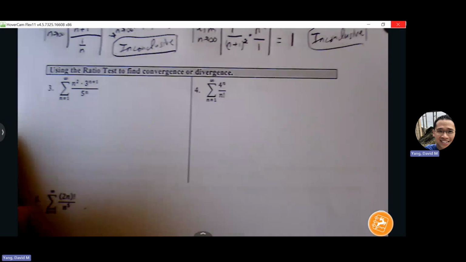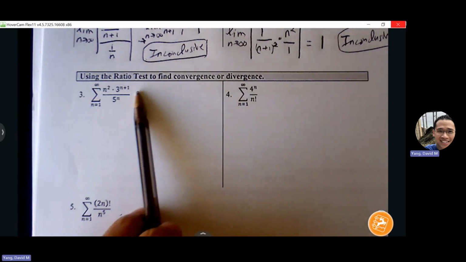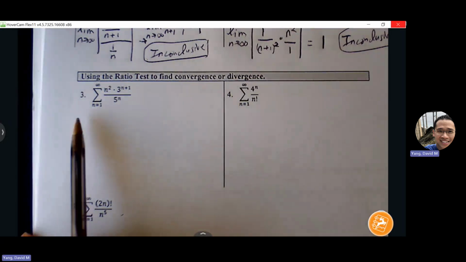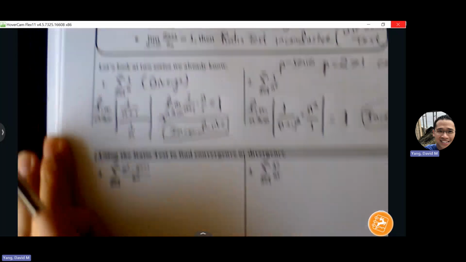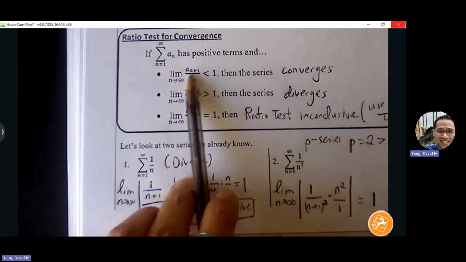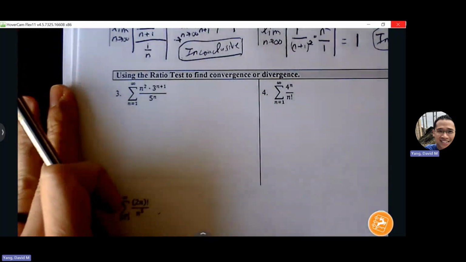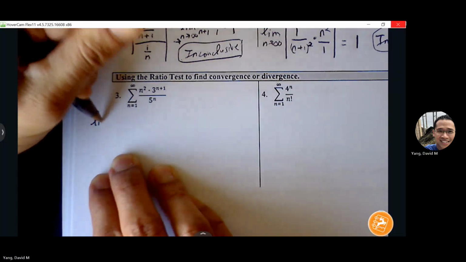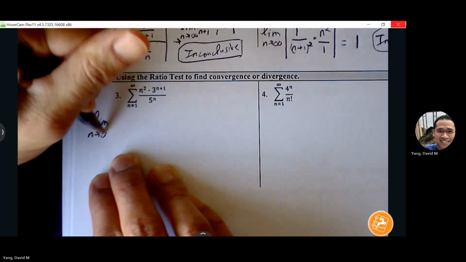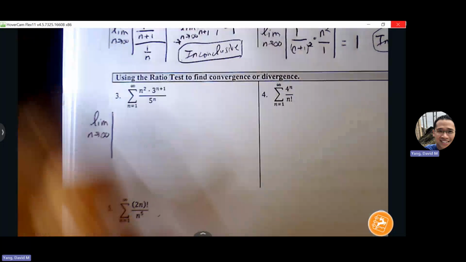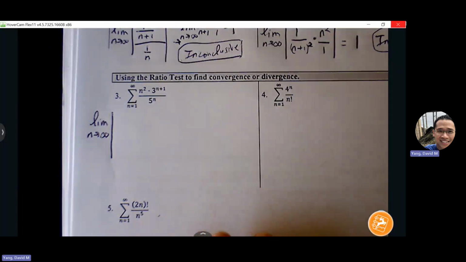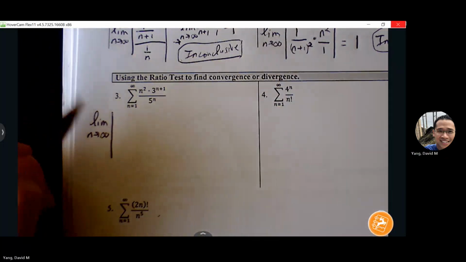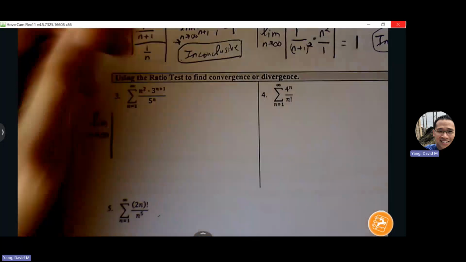Okay, so let's look at number 3 here. Number 3 says use a ratio test to find convergence or divergence. So we're going to do limit as n approaches infinity of a sub n plus 1. So we're going to create the a sub n plus first term. Every n that we see, replace with n plus 1. I'll put an absolute value here because technically they should be living inside absolute value bars. So n squared becomes what?